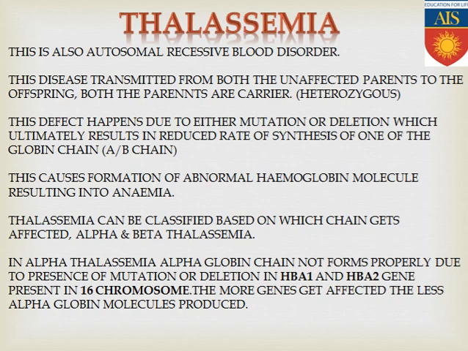So in the 16th chromosome there are two genes, HBA1 and HBA2. Due to mutation or deletion in those genes, the alpha polypeptide chain is not produced properly and the individual suffers from alpha thalassemia.